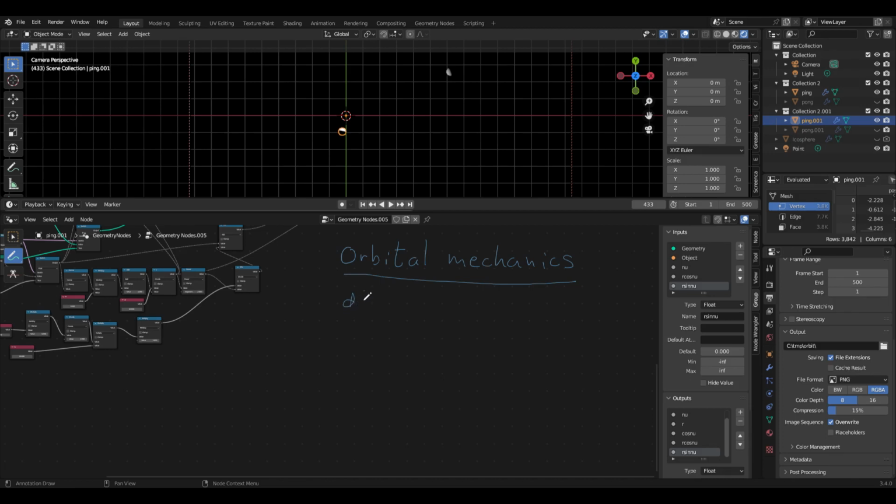This is orbital mechanics, and all I'm doing here is using the equations for a stable orbit. And so there's eccentricity of the orbit, it's assumed elliptical. There's delta t, which is a time increment.